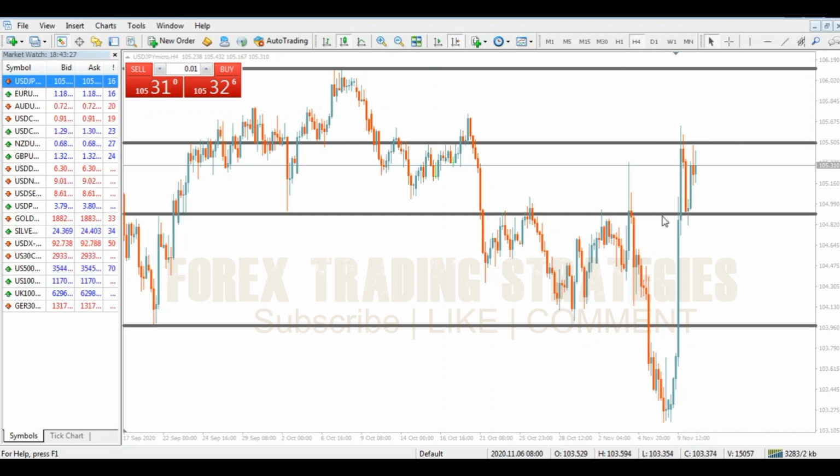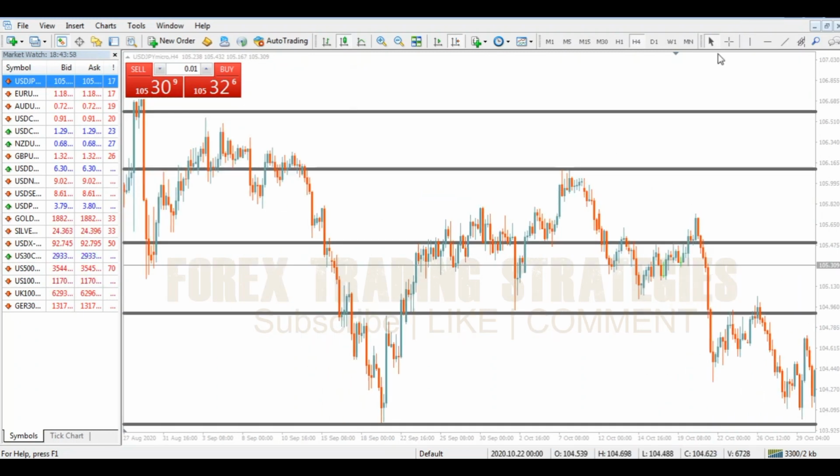Now it danced on this level. So it has been on this level here on the 4th of November, the 2nd of November, the 26th of October, the 23rd of October, 21st of October, 2nd of October, 23rd of September, 16th of September.